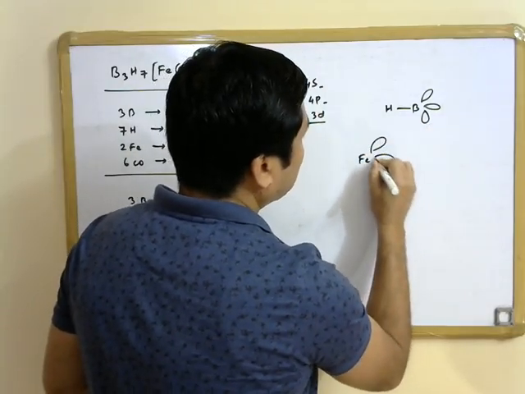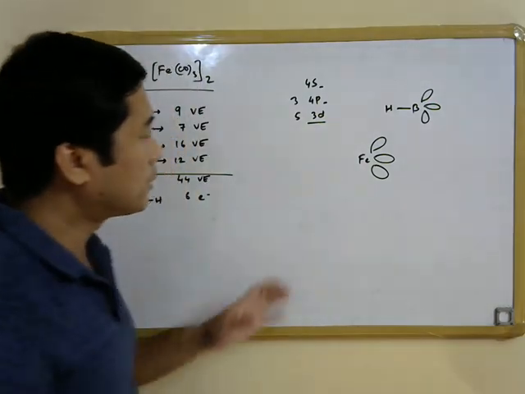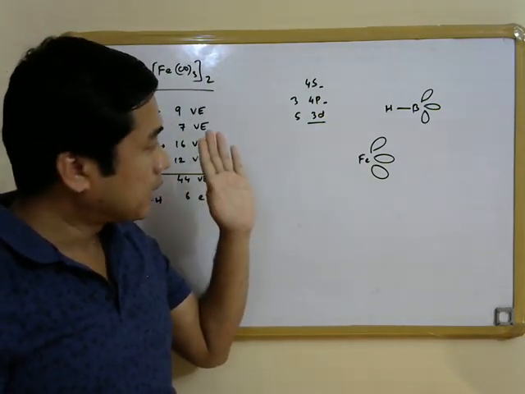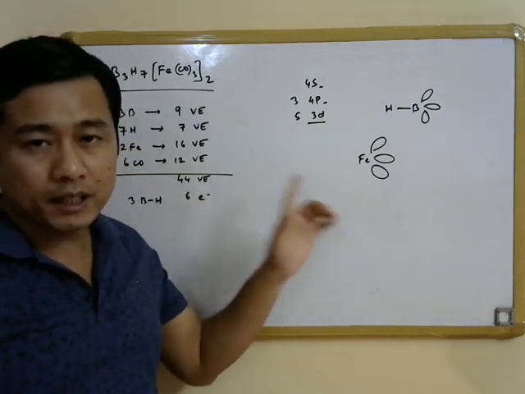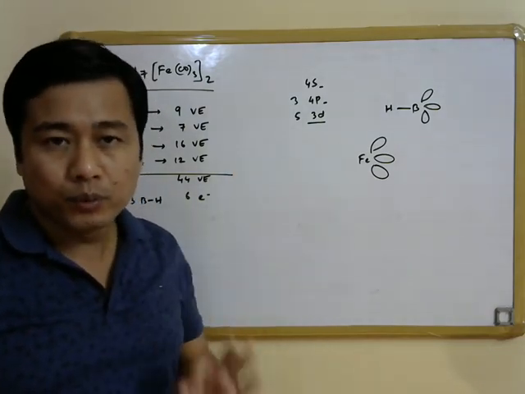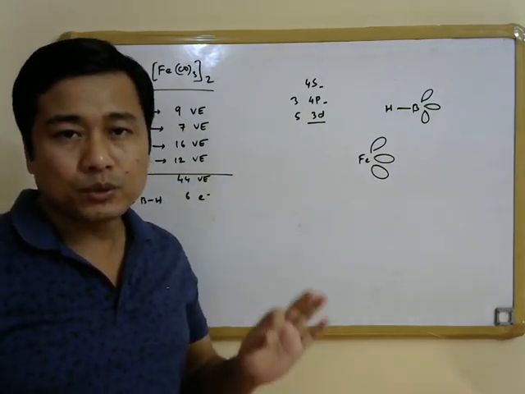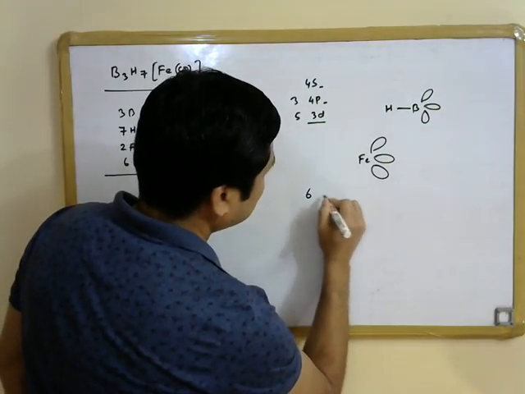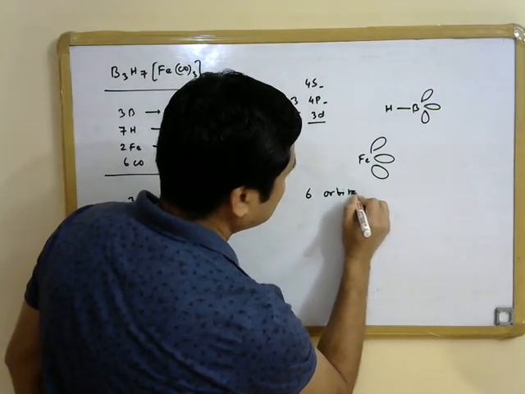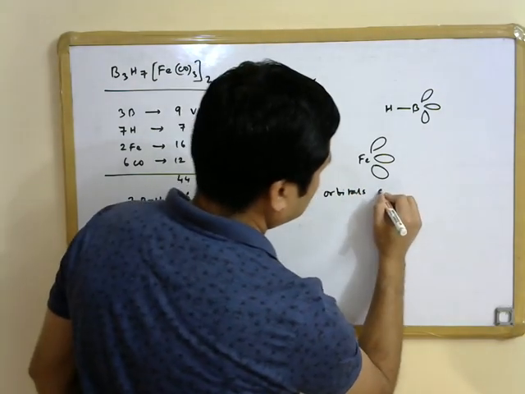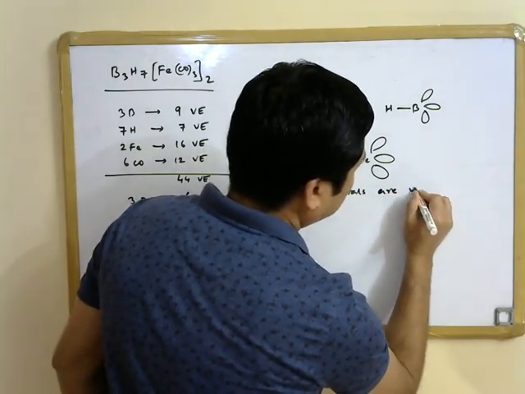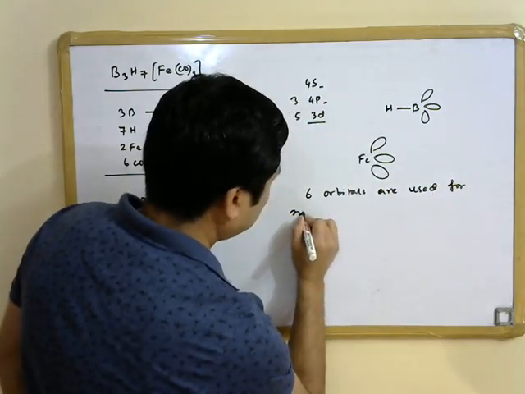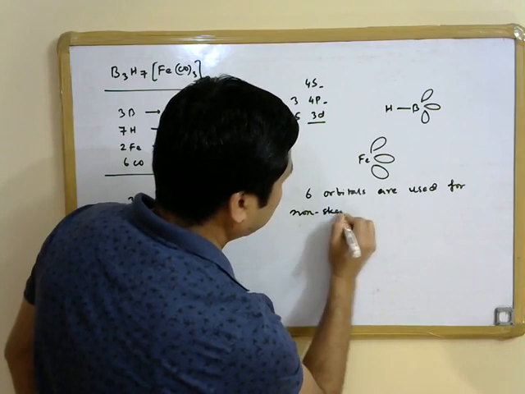Iron will use only 3 orbitals for formation of skeletal bonds, and the rest of the 6 orbitals in the iron center will be either used to form bonds with ligands, or used for non-skeletal bonding.